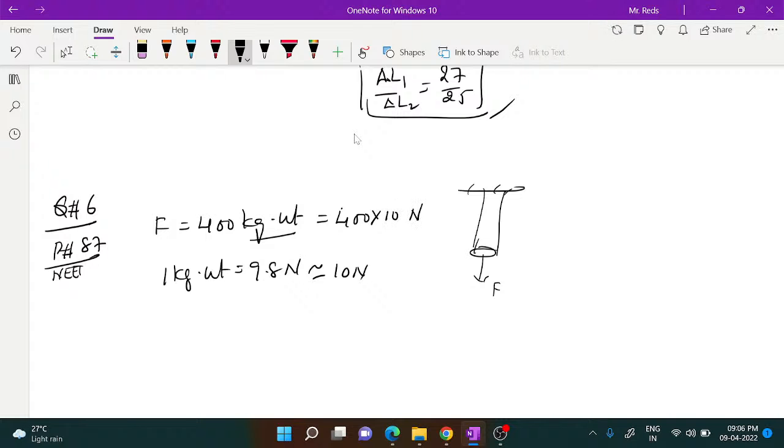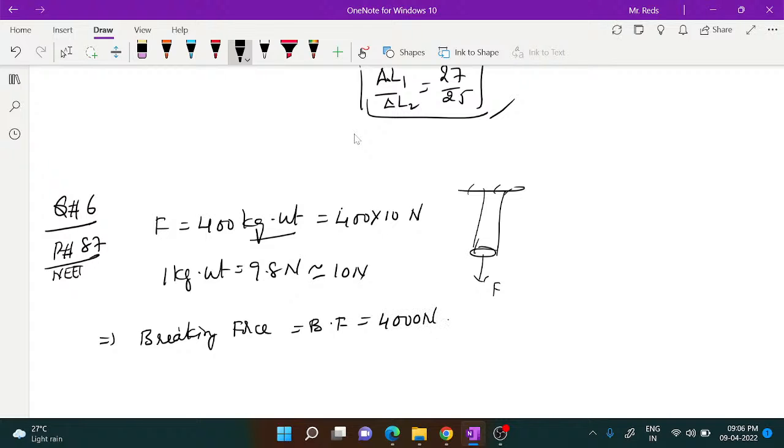The load required, the wire can be broken by this much. This is called the breaking force. Breaking force is equal to 4000 Newton.